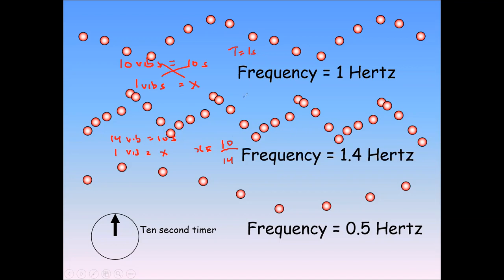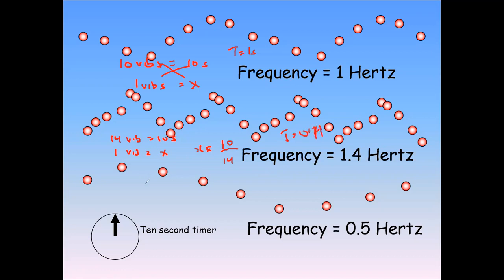So it will be 10 divided by 14, which is 0.71. So the time period here is 0.71.